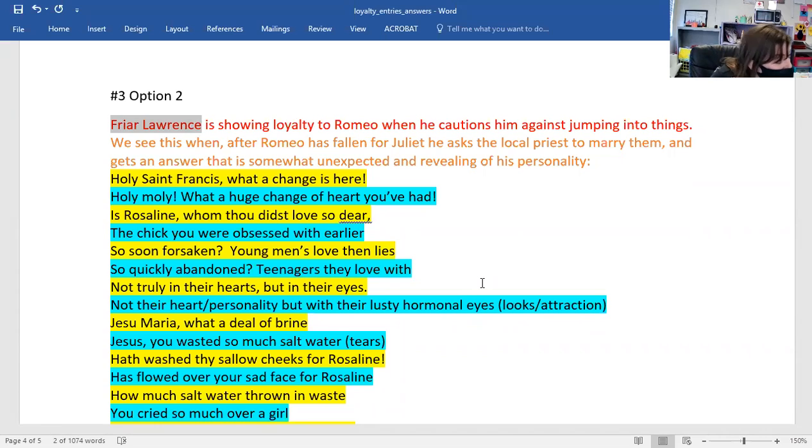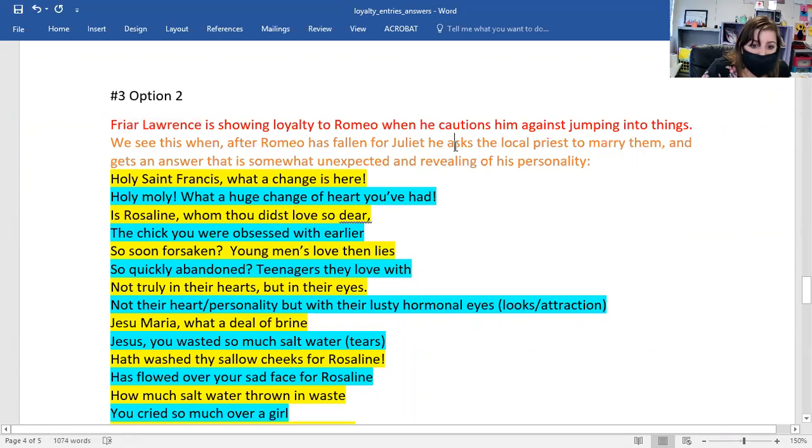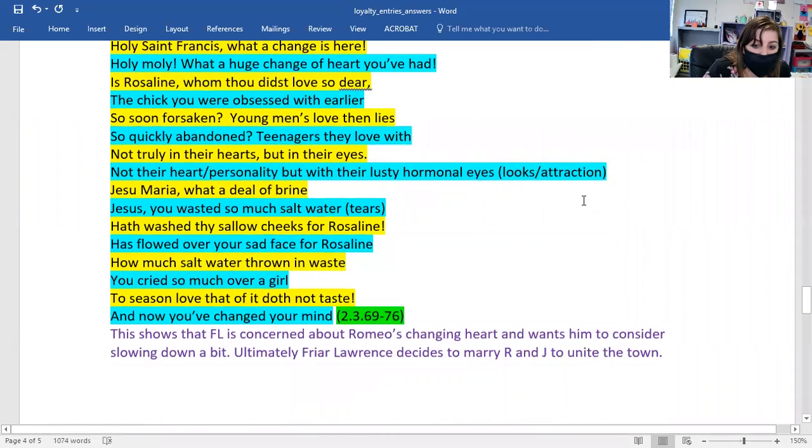I think I misspoke and said Father Lawrence, but it's actually Friar Lawrence, but it's okay. Whatever you write, as long as Lawrence is there, we'll know who you mean. And so Friar Lawrence ultimately says, yes, I will marry you guys in order to unite the town. And that's what we are going to be watching right now.